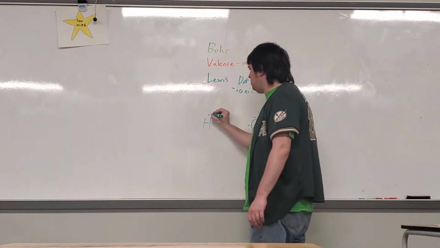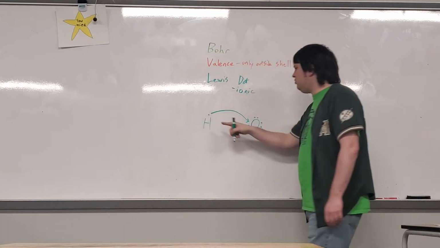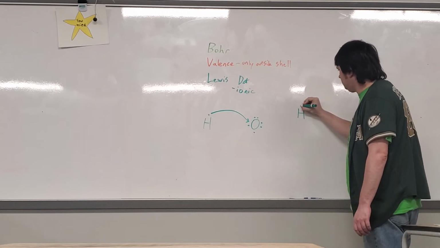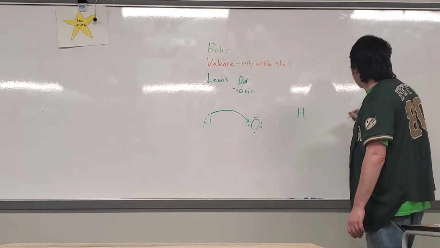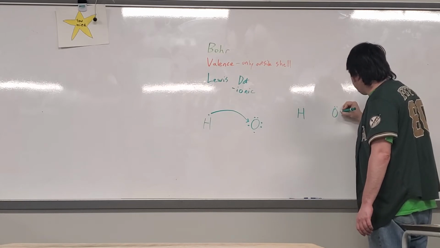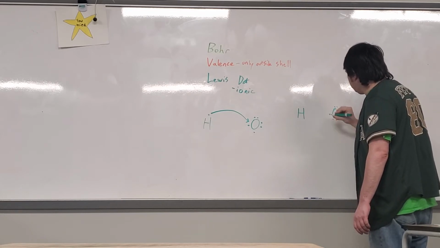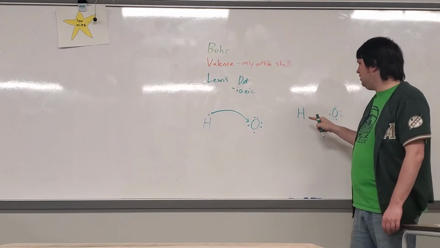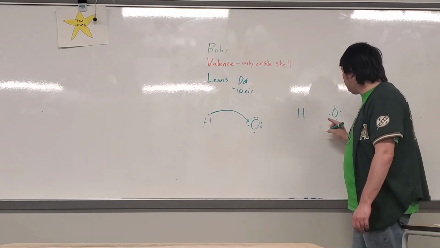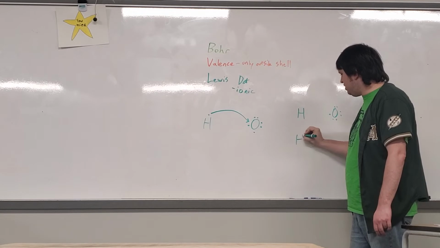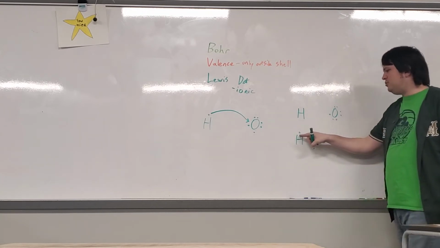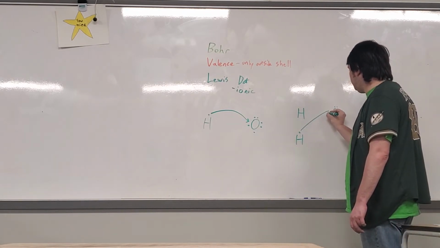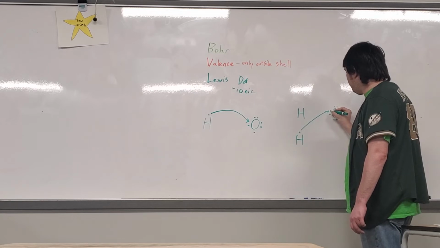So the easiest way to do that would be to donate an electron, which would give you hydrogen with no electron and oxygen with 7 electrons. The problem is oxygen is not happy yet, but hydrogen can't do anything. So the way that we make it happy is bring in another hydrogen with another electron. That can then donate here to make it happy.